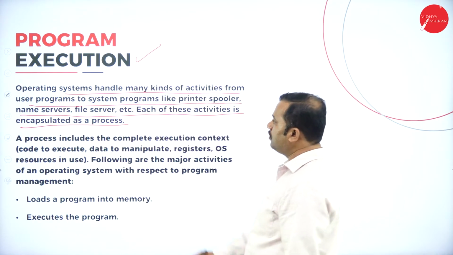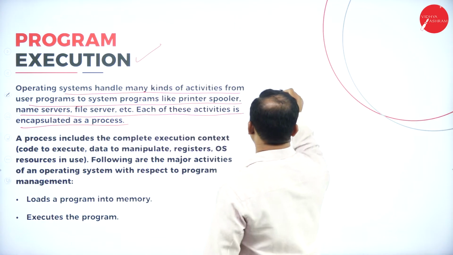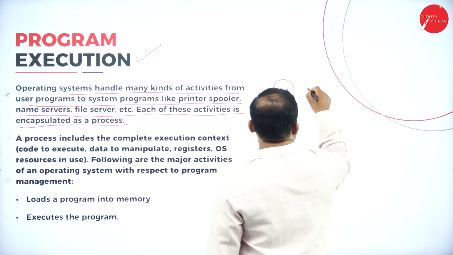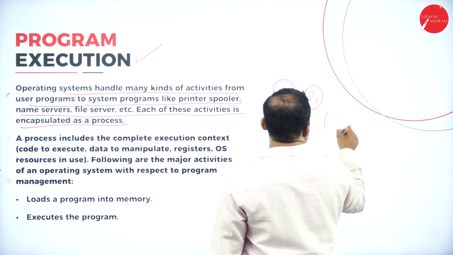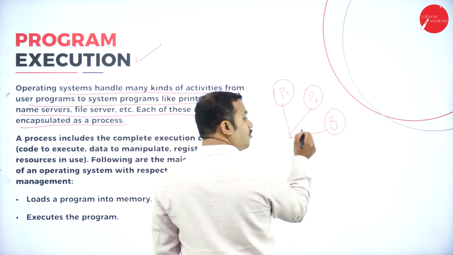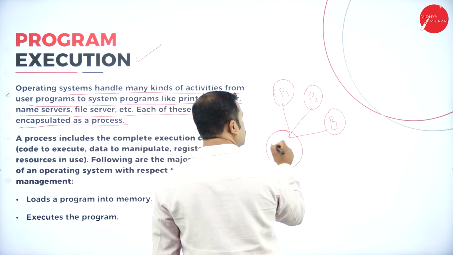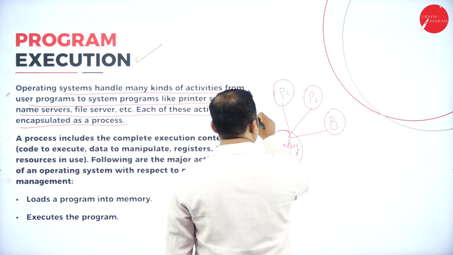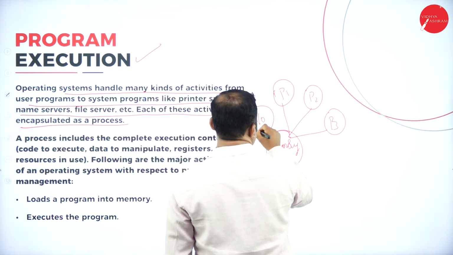What is the meaning of printer spooler? We have certain operations like printer P1, printer P2, printer P3. Each of these printer requests a resource. What is that resource? Memory or IO operations.